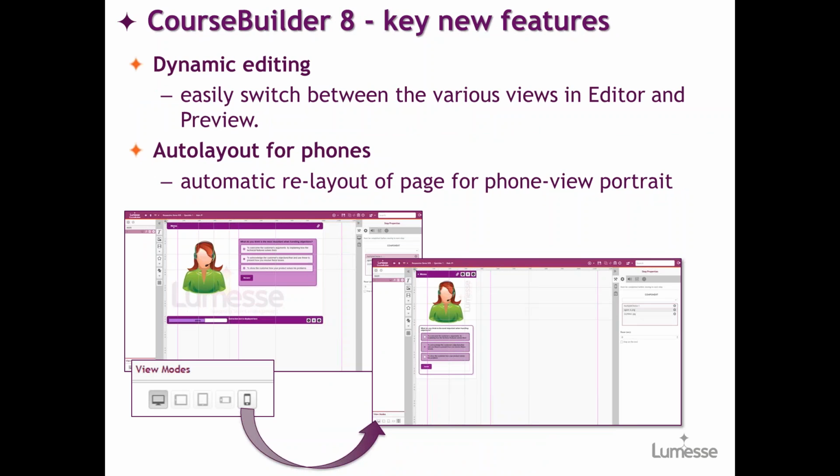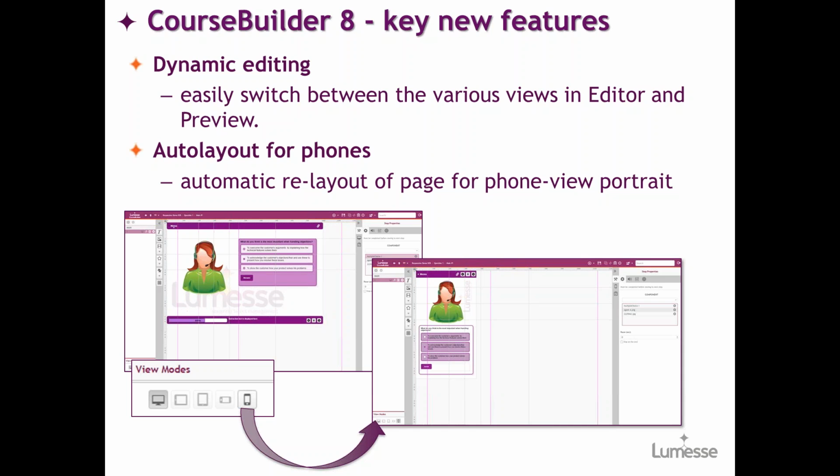Another key feature in CourseBuilder 8 is the ability to edit content dynamically across all of the device modes. So you can very easily switch between the various views. You can be working with your desktop, quickly switch to the phone to see how this will look, adjust things, etc. So you will be working dynamically with the various device modes.